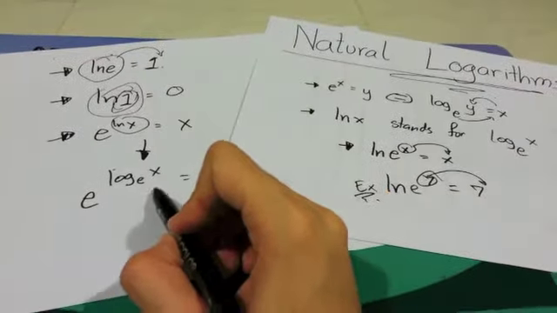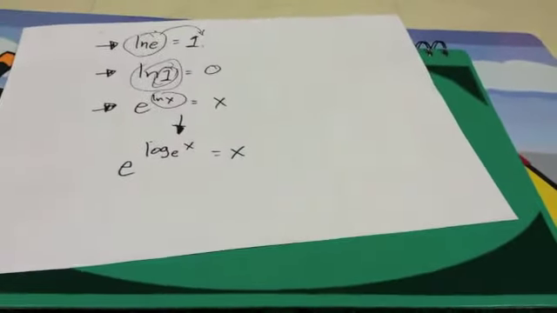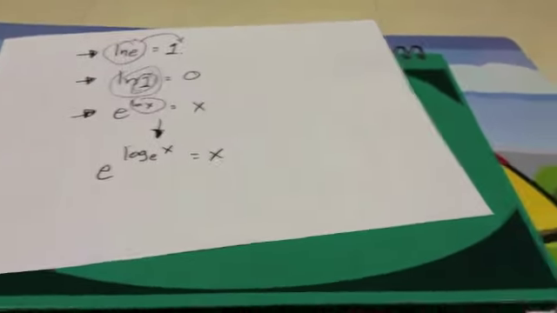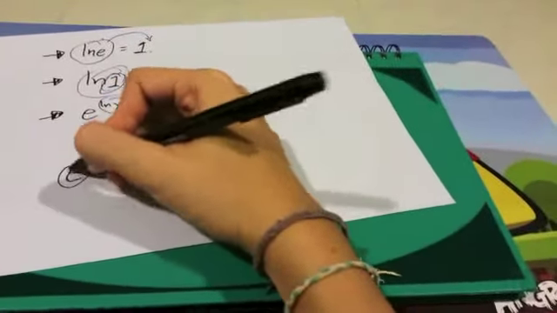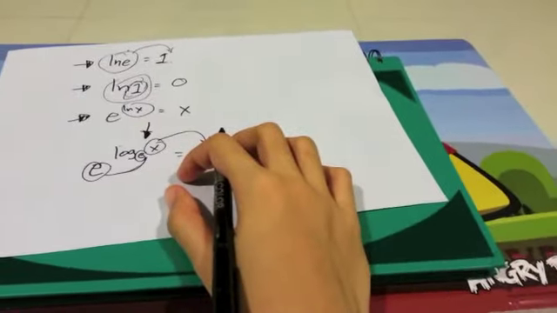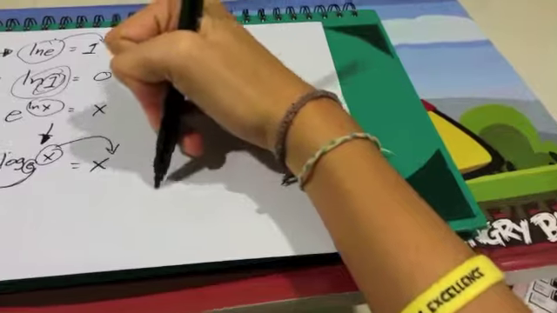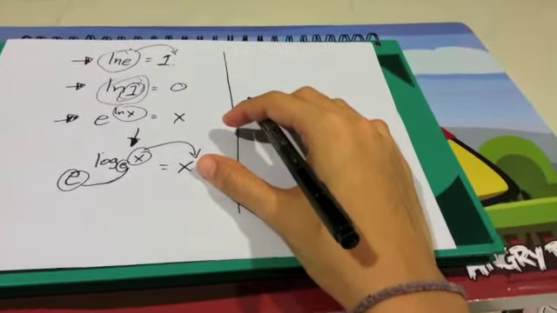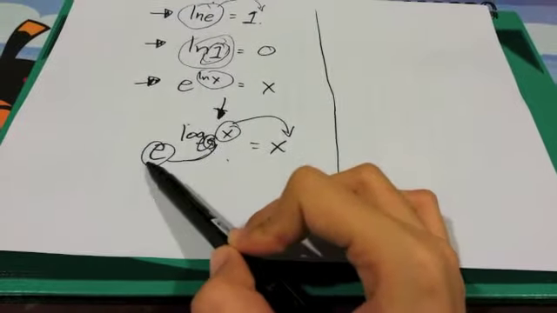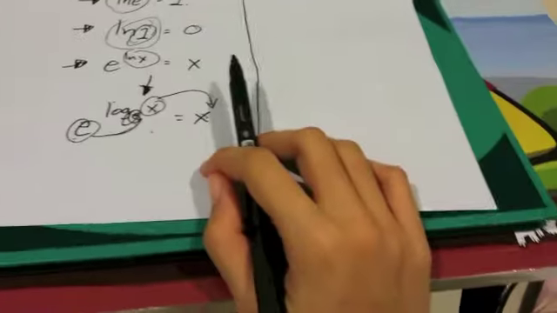So we write there log e to the power of x instead of this. This is equal to x, because as you've learned in property 1, if this and this are the same, you just bring down the power like that. Okay, let's do an example for this.